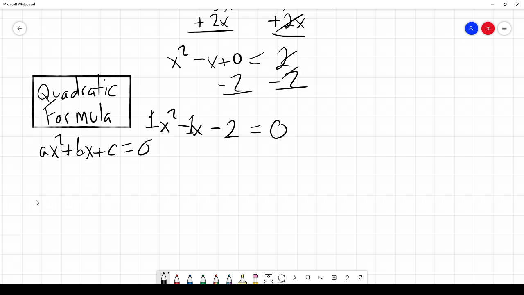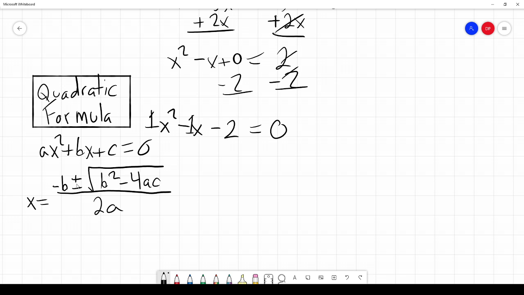And so your quadratic formula will give you up to 2 answers, and it's a bit of a complicated looking formula. It's -b plus or minus the square root of b squared minus 4 times a times c, all over 2a.